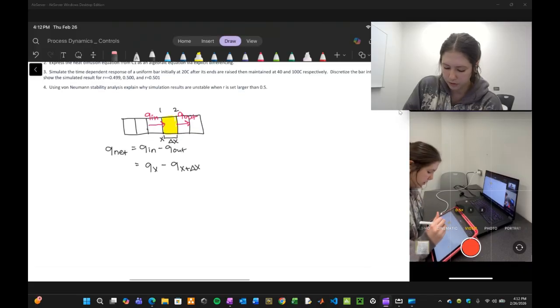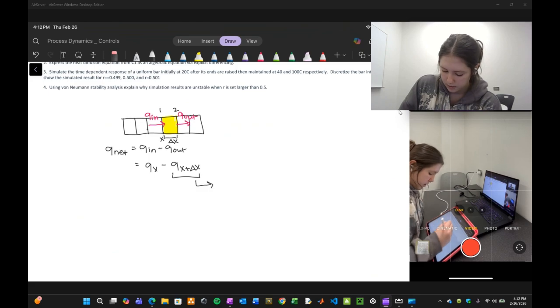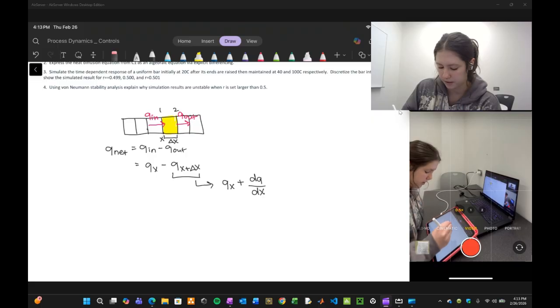And we can also rewrite this term to be Q of X plus the change in the flow rate with respect to the position times that change in position.